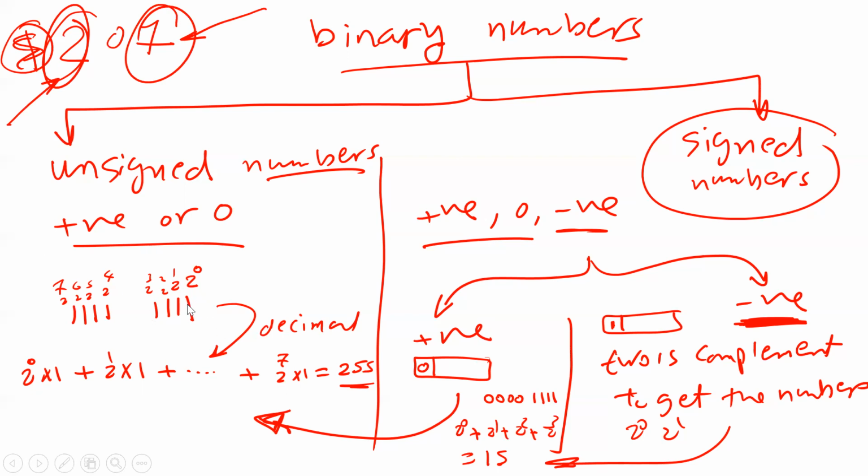So all you have to do is multiply each digit by its weight. So 2 to 0 multiplied by 1, and then I multiply the next 1 by its weight, and then I add everything together. If I do that, the result should be 255. So if I want to convert this number of eight ones, the result should be 255. Is that clear?